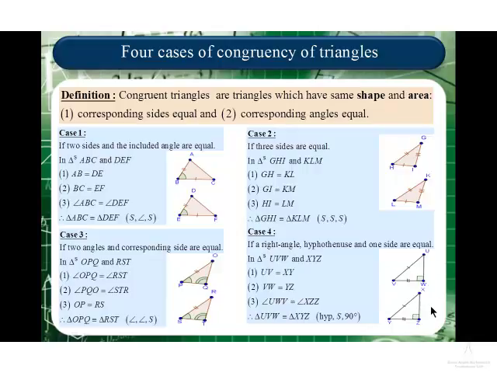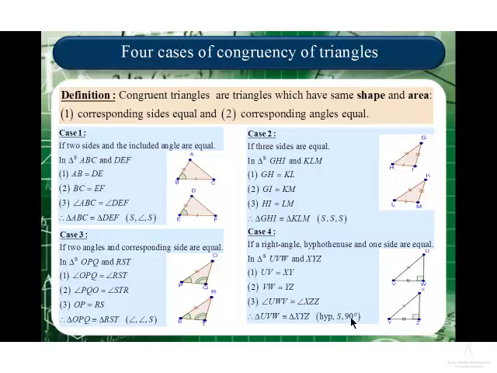We have the angles at W and Z correspondingly equal and equal to right angles, and then we have the hypotenuses UV and XY of the same length, as well as one other side. In this case we have VW and YZ, the side lengths correspond and are equal in length, and we have the reason in this case: the hypotenuse, another side, and the right angle correspond and are equal.